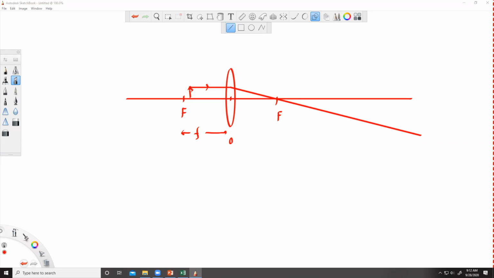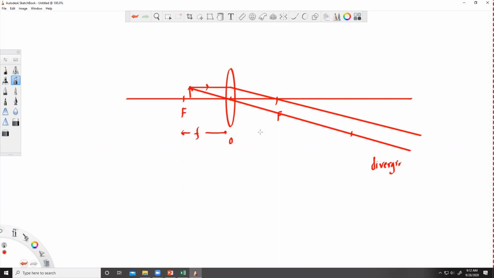And if the ray goes through the optical center, it will go straight without being refracted. So these rays will never meet on this side. They are diverging.